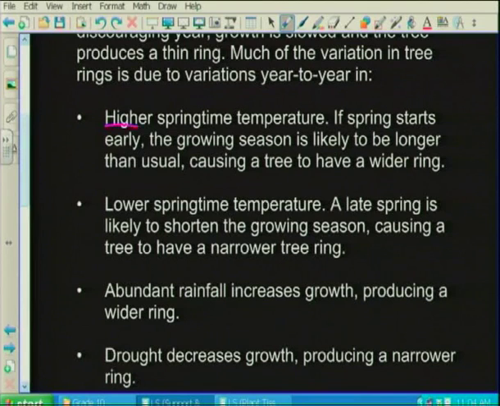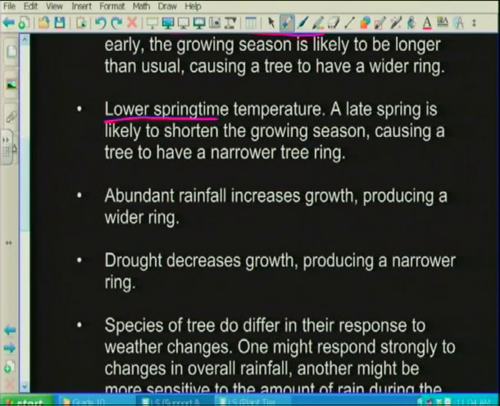If you have a higher springtime temperature, so that means spring starts earlier and it's a longer season, then it will have a wider ring because there's longer time for the tree to grow. If there's a lower springtime temperature, in other words, spring starts later, there's not as much time for the tree to grow, so it will be a narrower ring.